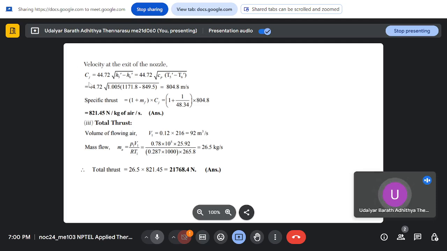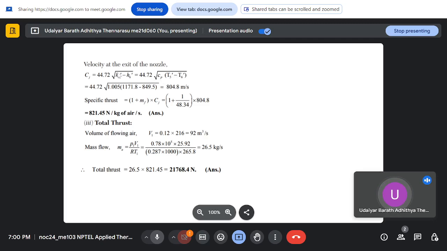So velocity is root of 2 times the enthalpy change, so 2 into 1000, taking out, it will become 44.72. So 44.72 into root of my enthalpy change across the nozzle. The nozzle process is 5 dash to 6 dash actual. Expressing in terms of temperature, it becomes Cp into T5 dash minus T6 dash.